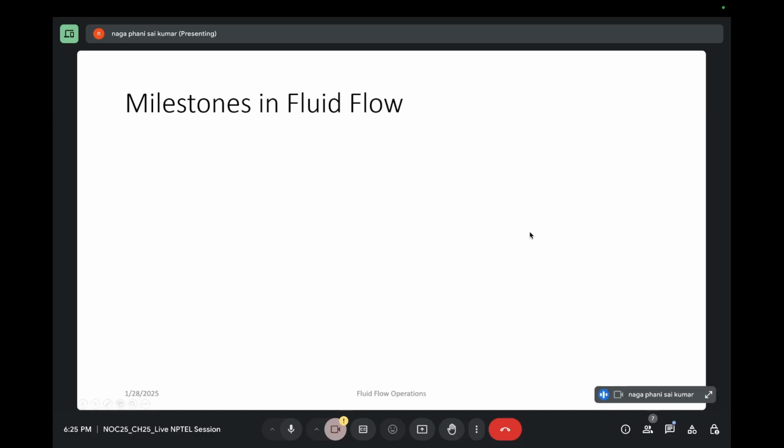There are many other milestones. You must have heard about Pascal, the French mathematician. He also contributed to fluid flow, and Sir Isaac Newton wrote about the effects of friction and viscosity.